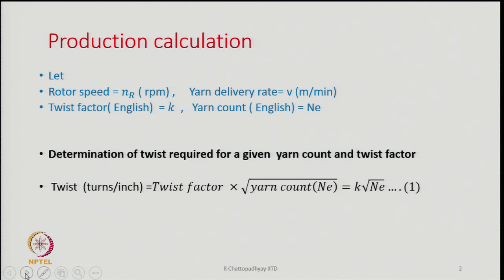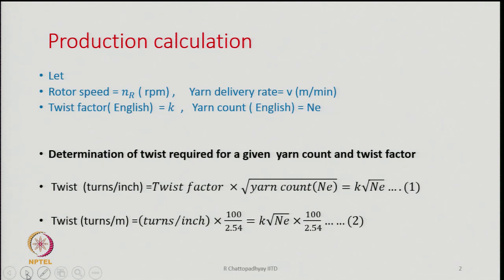So, twist in terms of turns per inch will be k root over Ne, and twist in terms of turns per meter is going to be twist in terms of turns per inch into 100 by 2.54. This will give you the twist in terms of turns per meter. So, k root over Ne into 100 by 2.54.